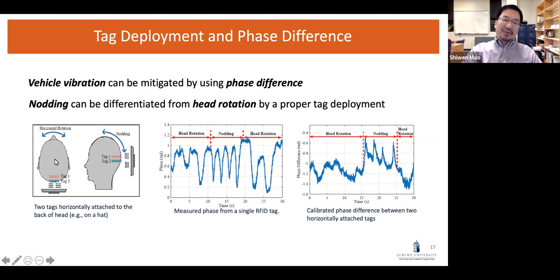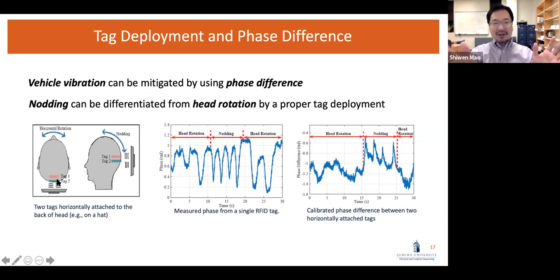If the driver is looking around, for example checking the next lane for traffic, the movements of the two tags relative to the antenna will be similar.